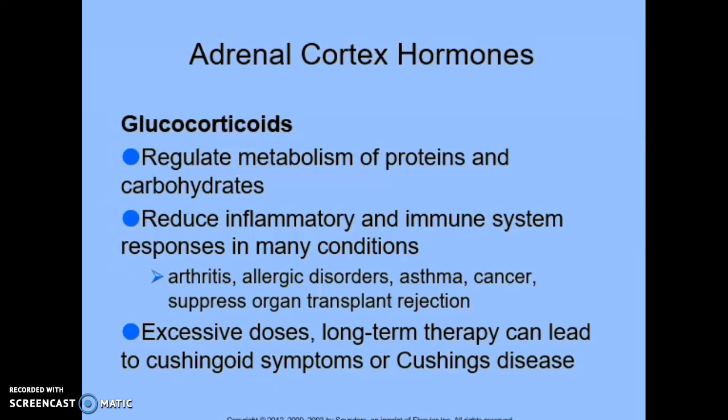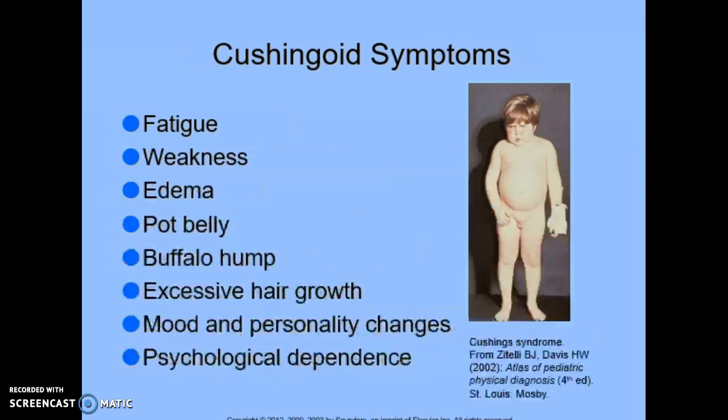Excessive doses and long-term therapy can lead to Cushing's disease, or what we call the Cushingoid symptoms. Here you see those symptoms: fatigue, weakness, edema, potbelly, buffalo hump, excessive hair growth, mood and personality changes, and psychological dependence.